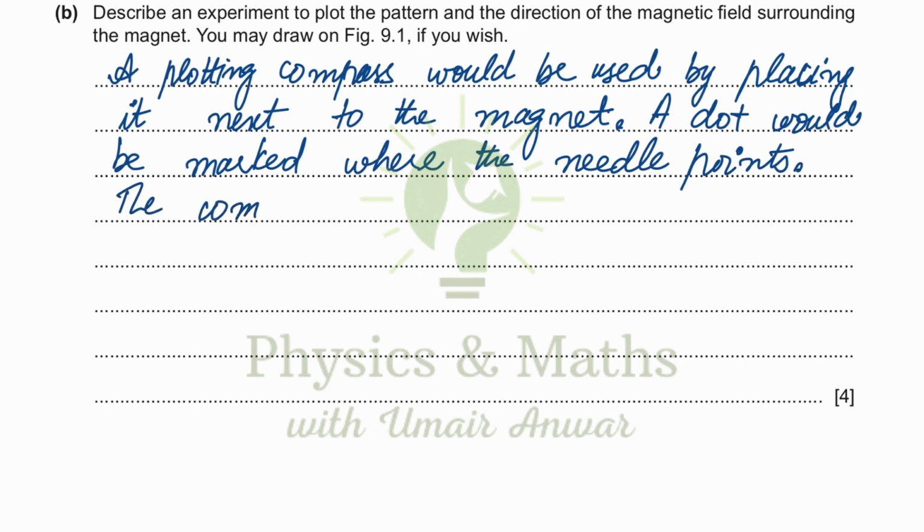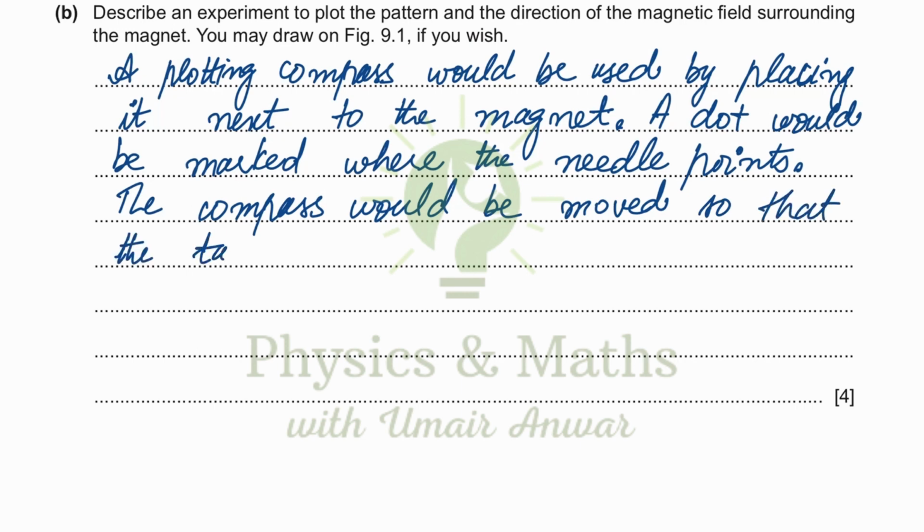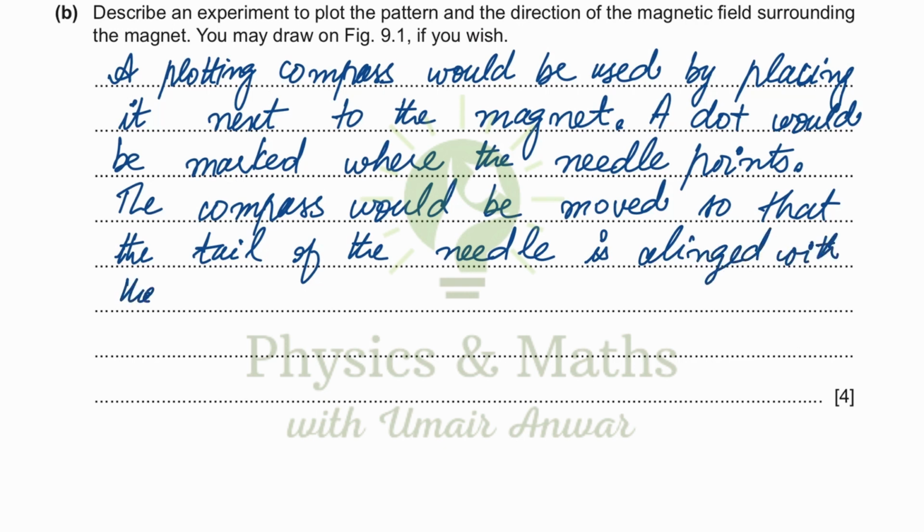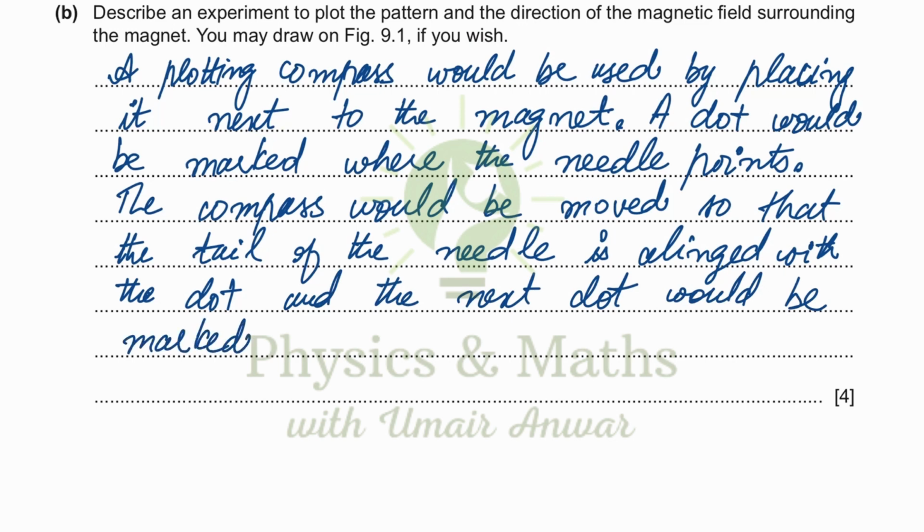The compass would be moved so that the tail of the needle is aligned with the dot, and the next dot would be marked where the needle points.